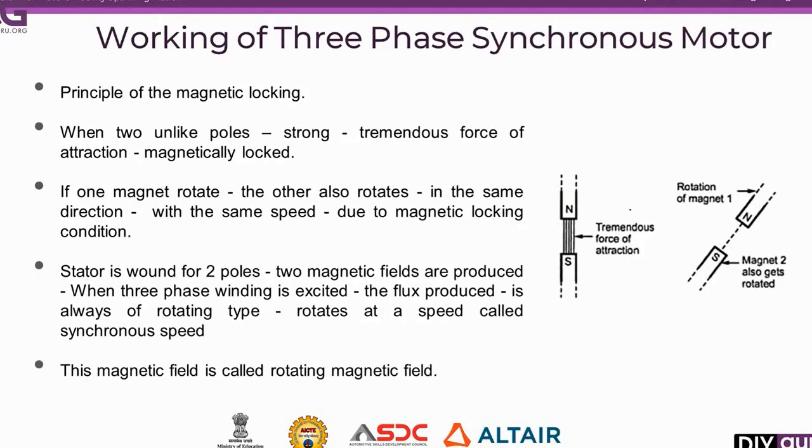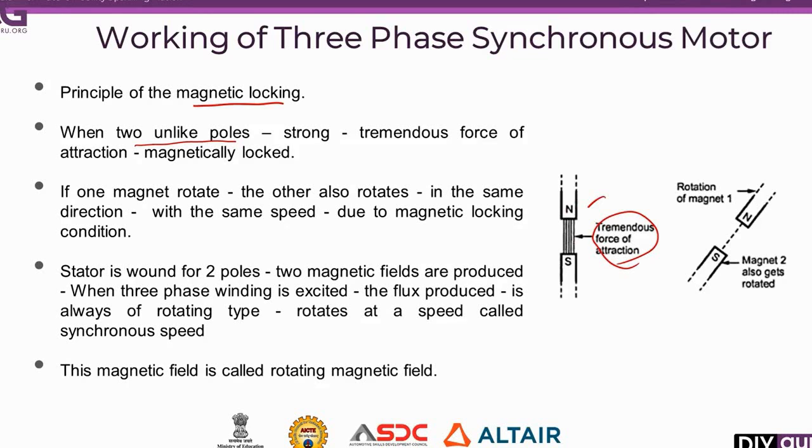Then comes the working of the three-phase synchronous motor. The basic principle is nothing but magnetic locking. When two unlike poles of magnets come in contact with each other, there will be a tremendous force of attraction between them. When the electromagnet current is very high, the force of attraction will also be very high.